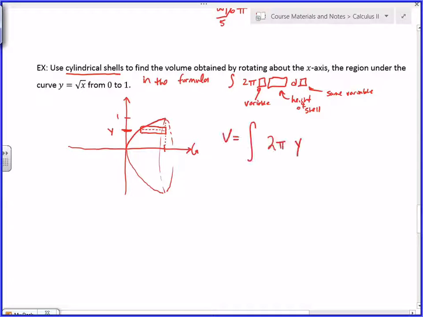Now, why is the variable y? Because I cut it on the y-axis. And now what's this height right here? That's what I've got to put into the f of x part of that formula.